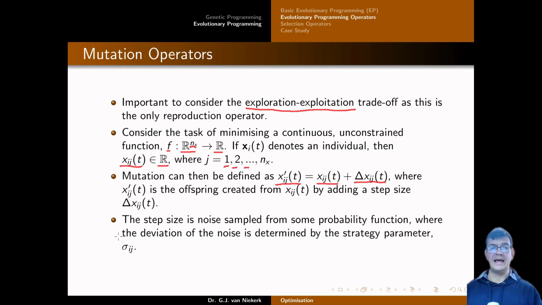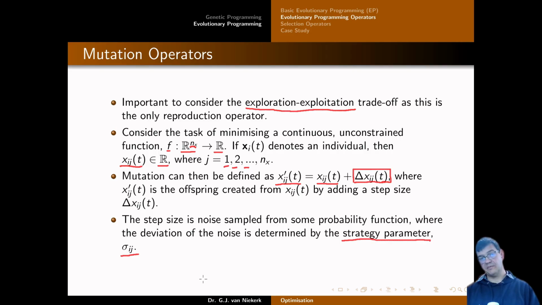This delta value is known as your step size, and that determines the extent of the mutation. That step size is a combination of some probability function and some noise that gets added, as well as a strategy parameter. The strategy parameter, sigma_ij, heavily determines how that step size is determined.